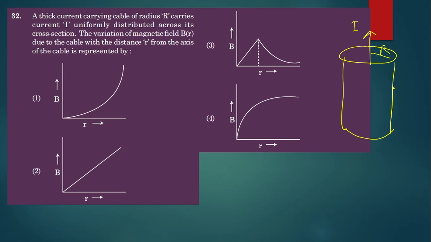Now the magnetic field produced by a straight wire is given by B equal to mu naught I by 2 pi R outside, and inside it is given by B equal to mu naught I R by 2 pi R square. Thereby, inside, it is directly proportional, and this graph is directly given in NCERT. We do it often. So this is the answer.